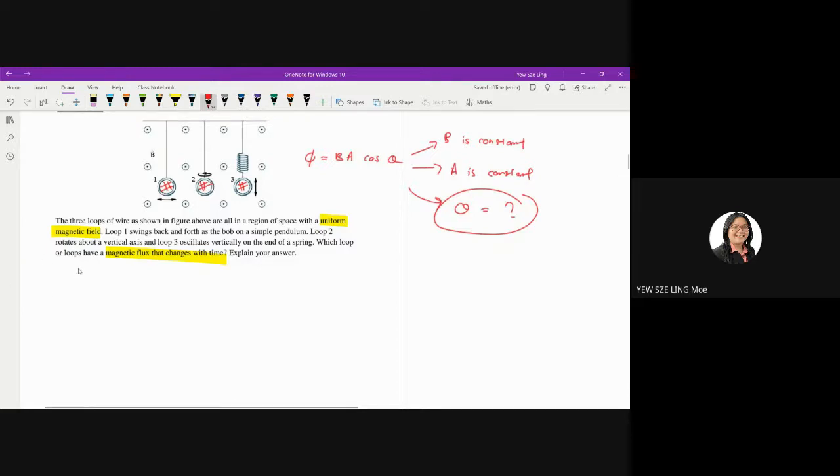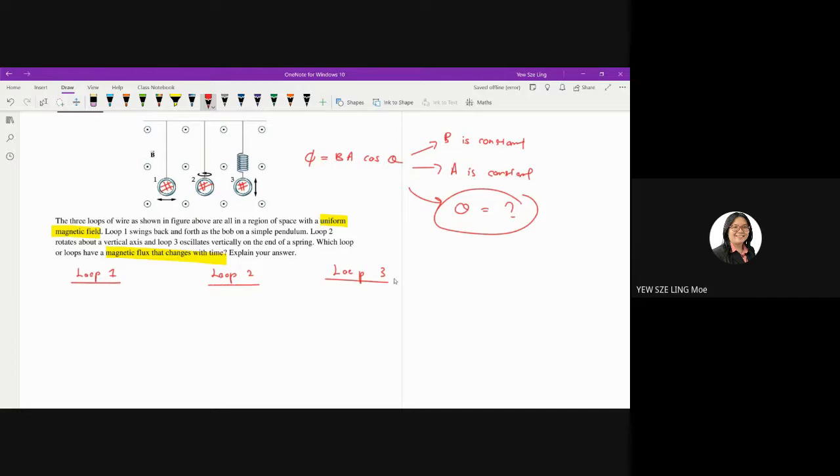So initially, let's see, loop 1, and then loop 2, and then loop 3. Now to make it easier, let me think, how am I going to sketch the diagram?